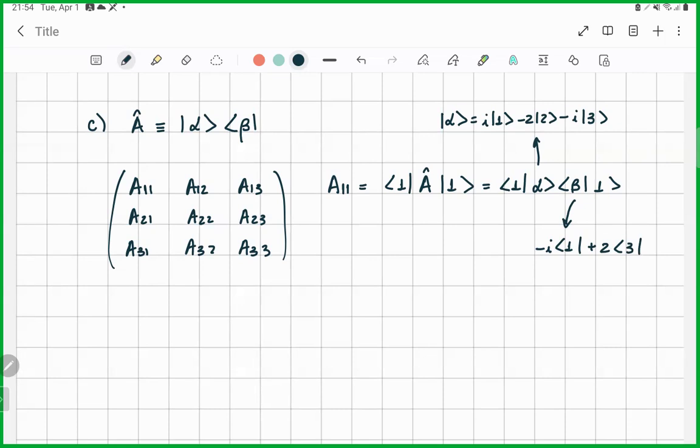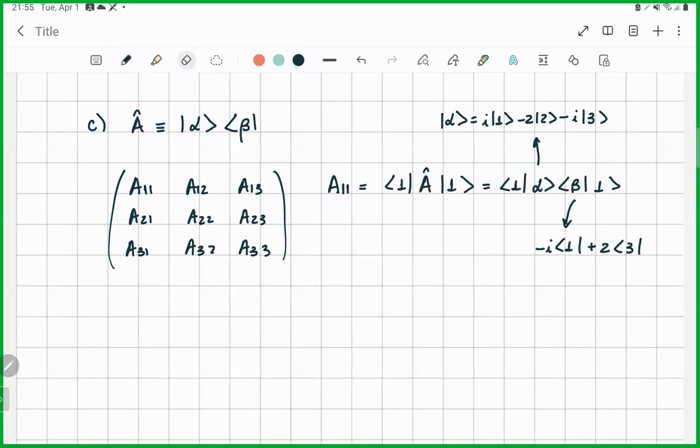Yeah? So this was the bra. But again, what do we care about from this bra? Just the component associated with 1, because 1 is normalized, but 1 with 3 we don't care about because the vector 1 and 3 are orthogonal.